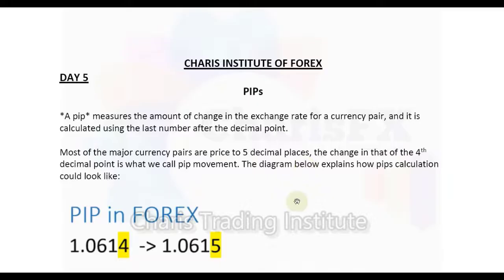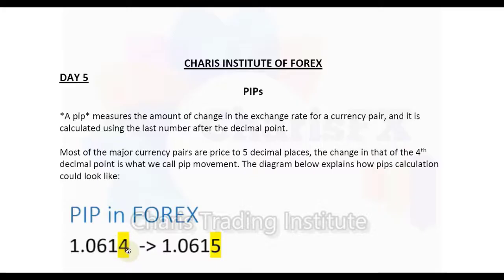Most major currency pairs are priced to 5 decimal places, and the change in the 4th decimal point is what we call PIP movement. This diagram shows us what PIP calculation literally looks like. This is a currency pricing 1.0614, and we say that PIP movement occurs on the 4th decimal point.